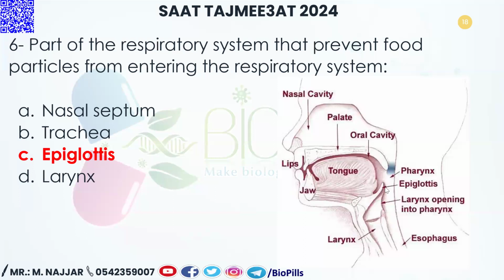When you are eating, the epiglottis will move down and close the trachea, so that the food will be directed towards the esophagus, and the food particles will not go to the trachea, in order to prevent suffocation. So this is the function of the epiglottis. It's very important. Yes. Thank you, Rima. Your answer is correct.